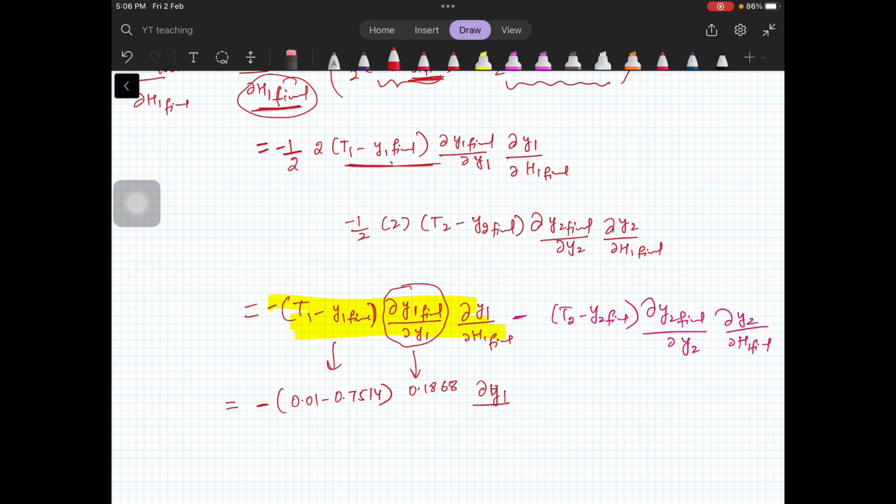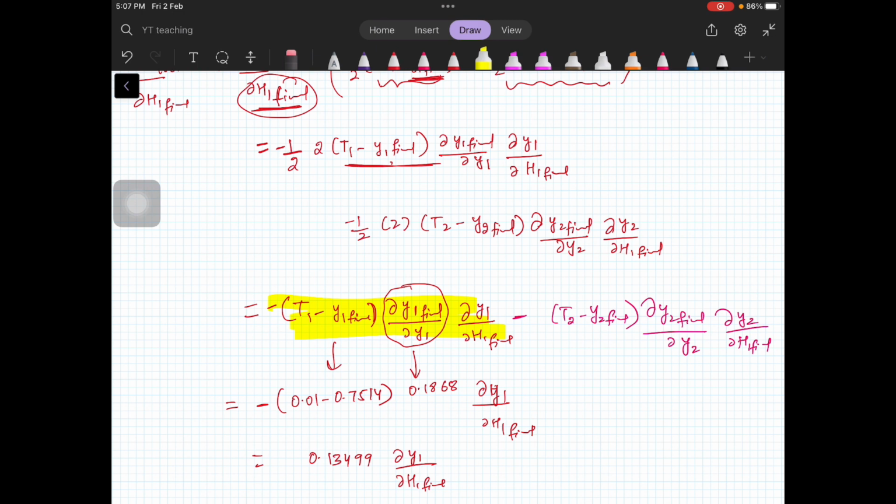I'm just working on the first term, ∂H1 final. So this is 0.13499 ∂Y1 times ∂Y1 ∂H1 final.